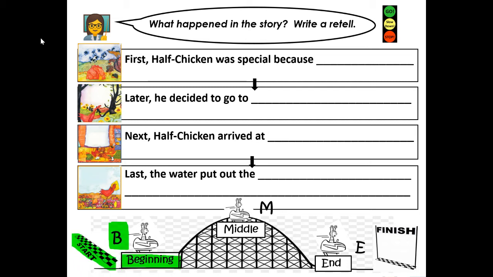Start at the beginning of the story. You're going to say what happened at the beginning using the sequence word first. Then we're going to slow down and talk about what happened in the middle of the story with the sequence words later and next. And then we're going to stop and talk about what happened at the end of the story, and you're going to use the sequence word last.